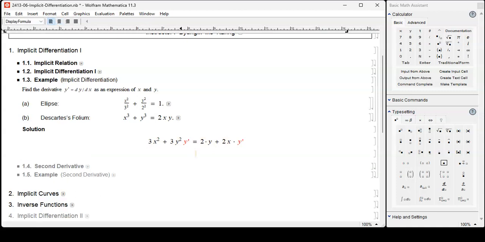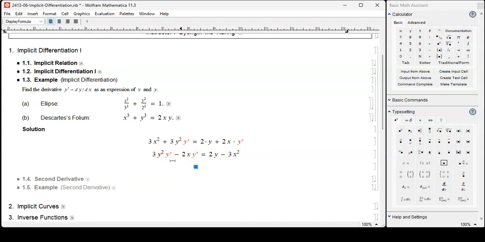Okay, all right, we have two y prime terms, 3y squared y prime minus 2x y prime, and then let me highlight those in red. Y prime is the most important factor here. And then everything else to the other side. 2y was there before, 3x squared.